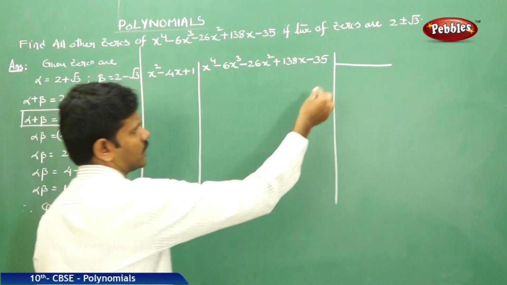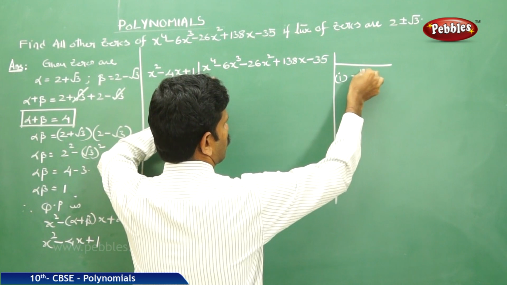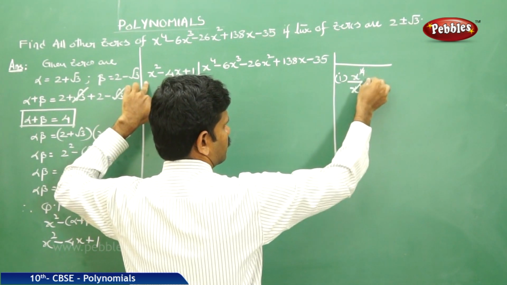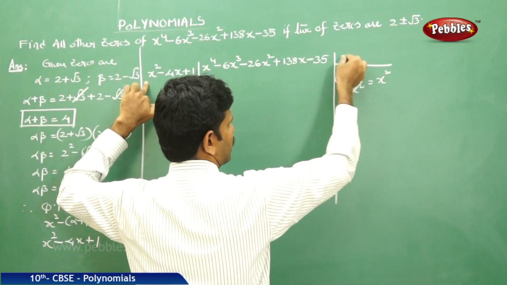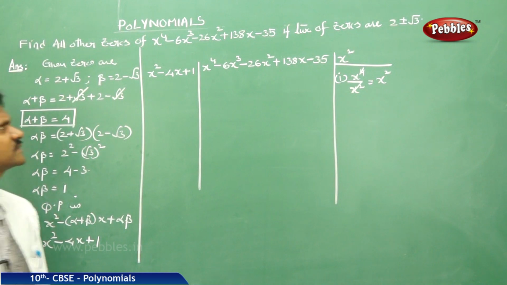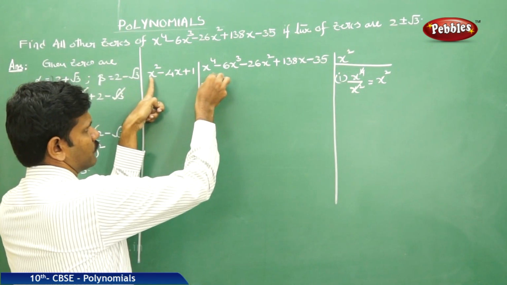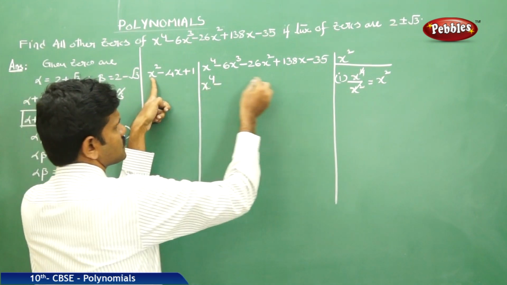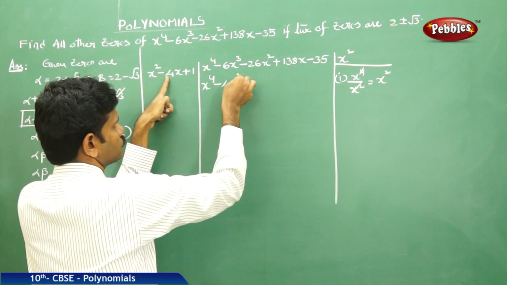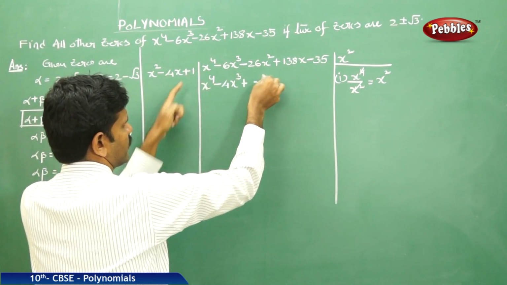Now see the first part. First cancellation: x to the power 4 by x square, x square left. With this x square multiply your divisor: x square into x square is x to the power 4, minus 4x into x square is 4x cube, plus x square into 1 is x square.